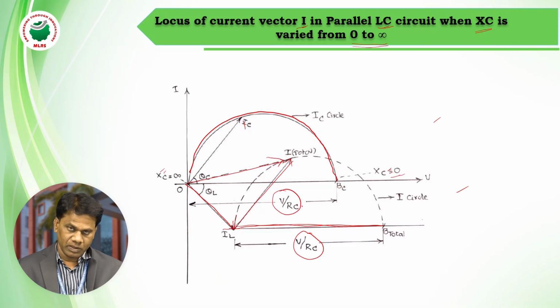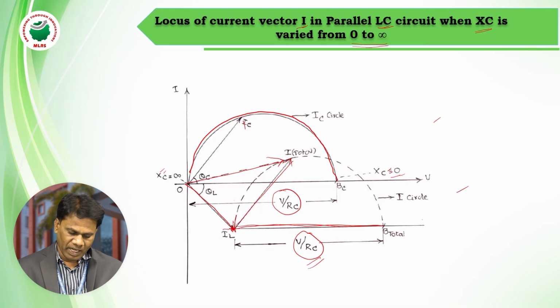V by RC is the diameter of the vector IC. If you want to draw the locus of the total current I, the same diameter V by RC is considered.